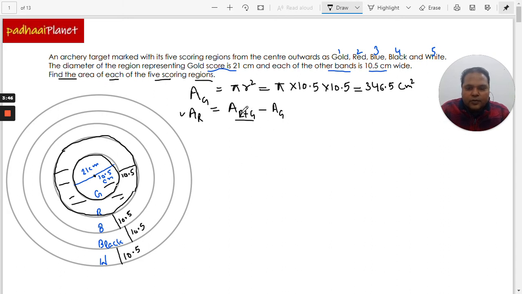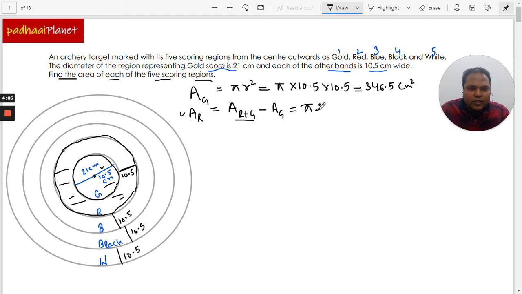So let's first find the area of red plus gold. That's equal to pi r square, where r is 10.5 plus 10.5, because the center is the same, so we add up this 10.5 also.